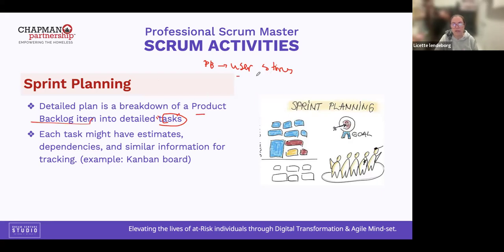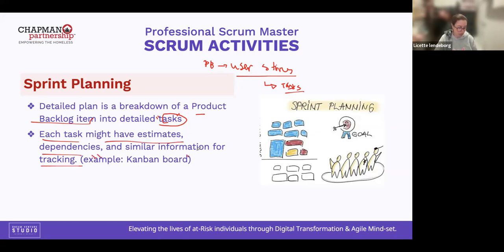Now that we have this level of detail, we need to break down into tasks. Those are more granular, smaller pieces. Each task might have estimates, dependencies, and similar information for tracking.